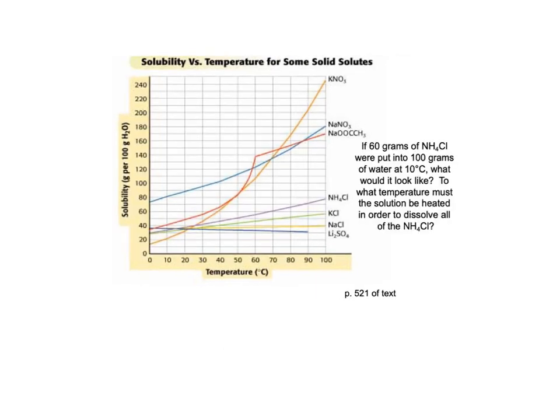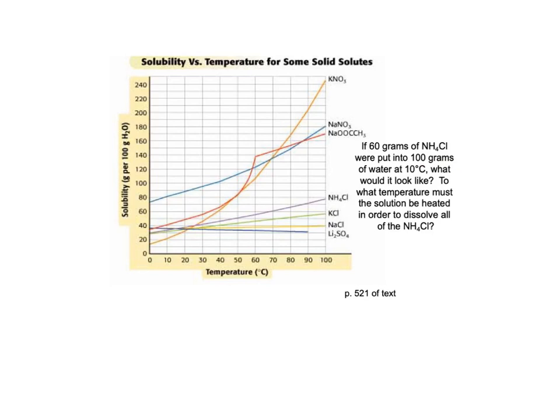So let's try a sample problem here. If you have 60 grams of ammonium chloride, and let's identify ammonium chloride here, it looks like this purple line. And if we put that into 100 grams of water, well, 100 grams of water is pretty standard for any kind of solubility chart, so that's information that, at least for this example, is not important.